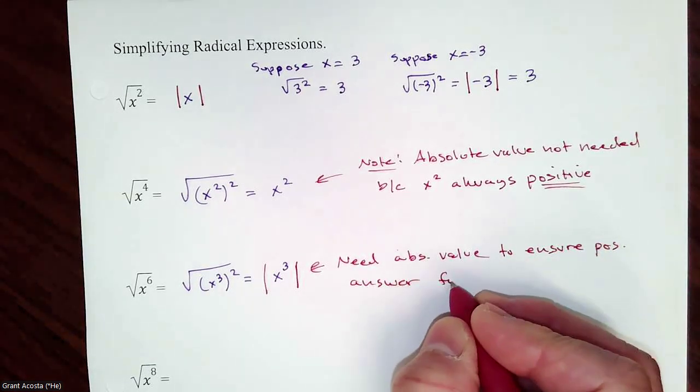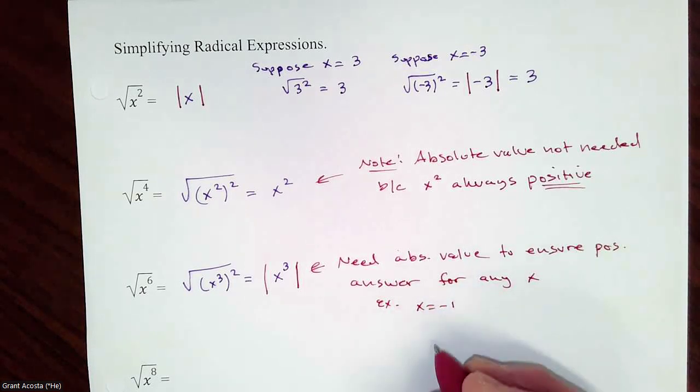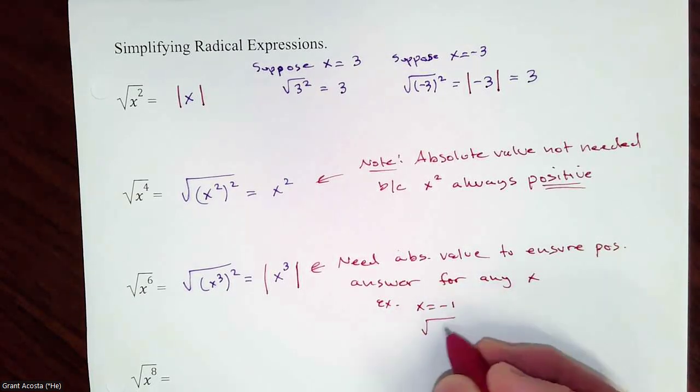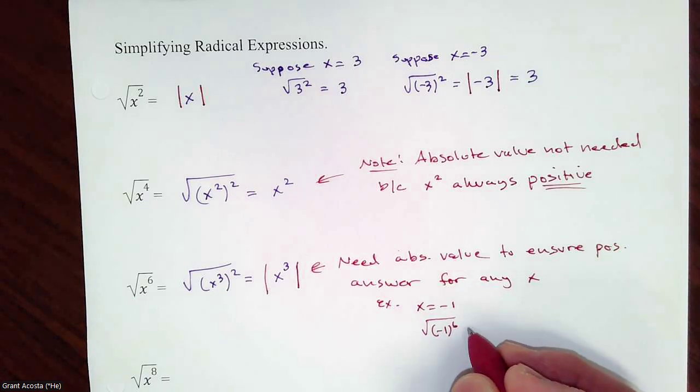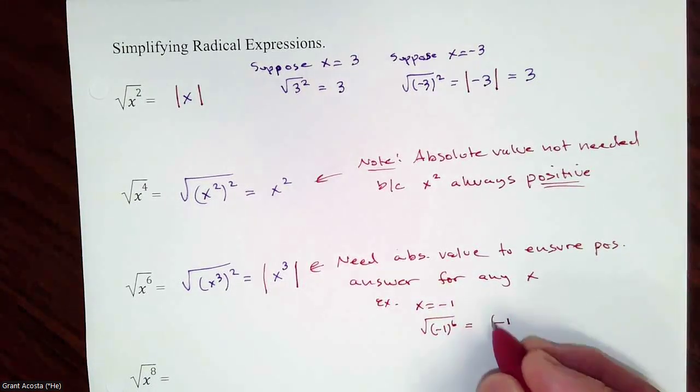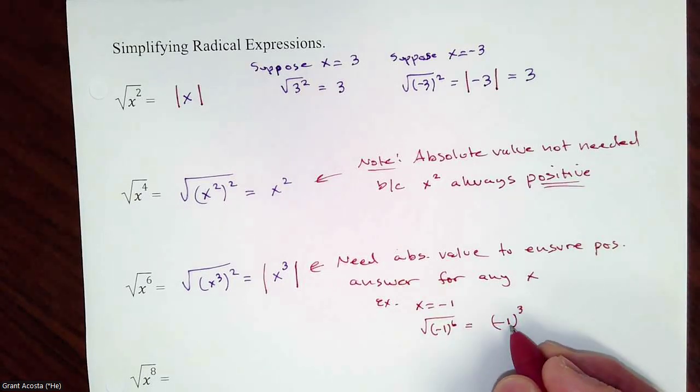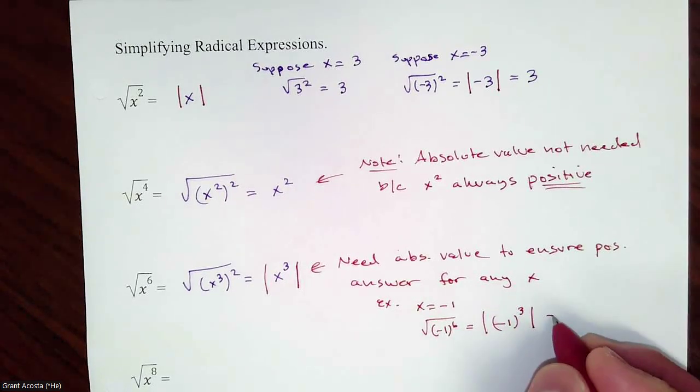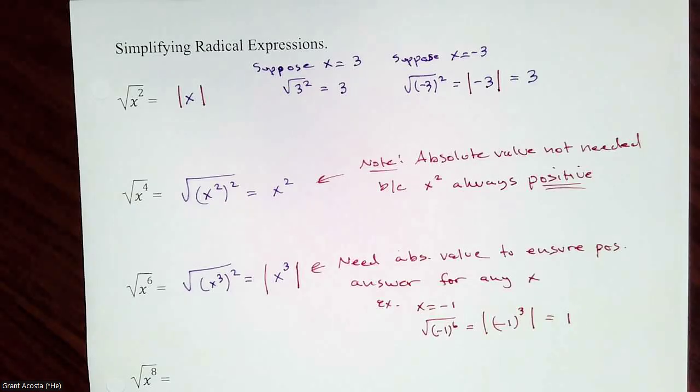And if you want to try it again, imagine if x was -1, right? The square root of -1 to the 6th, according to this, if I just said it was x cubed, that would not be right. But if I take the absolute value, then it is right. That is the correct answer.